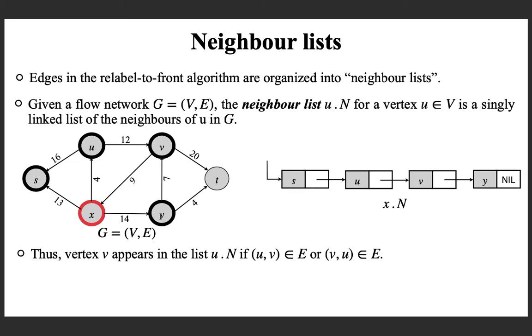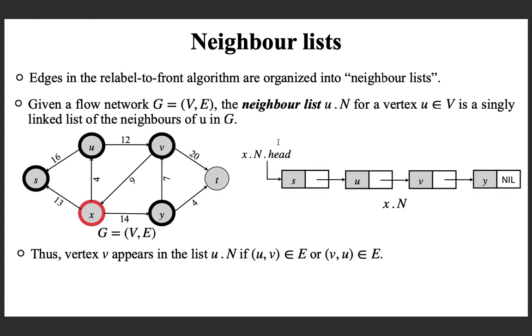So if there is an edge going from v to u or from u to v, whatever the direction, then u and v are neighbors. And it does not matter in what order you link them together.